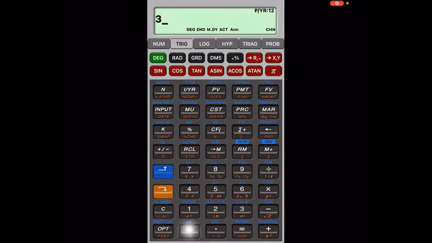That means sin of 30 equals 0.5. Now, if I have the integer, which is a half, and I want to work out the inverse, then I first put the half in, and then this one here, a sin. Not sure what it's called. I just call it the inverse, and that gives you the 30 degrees.